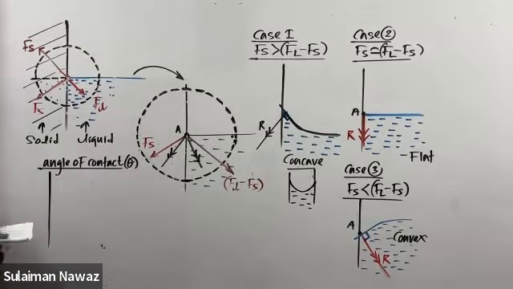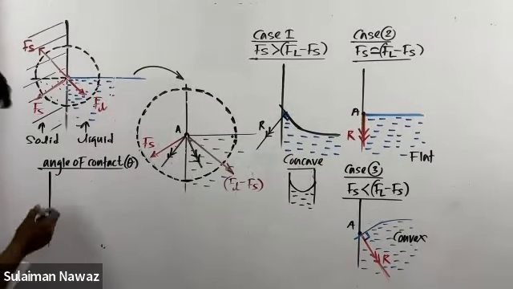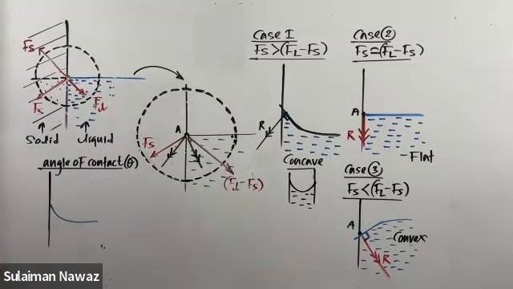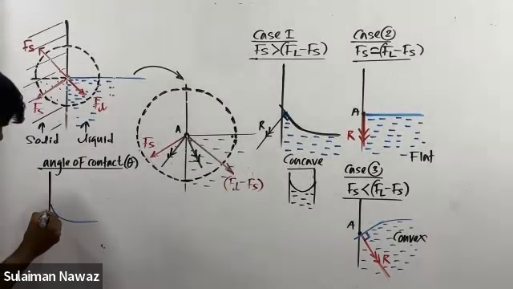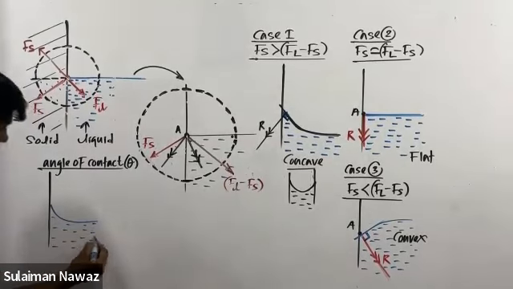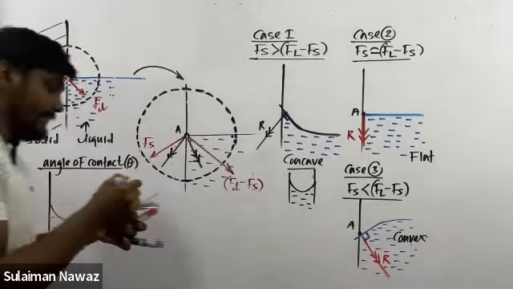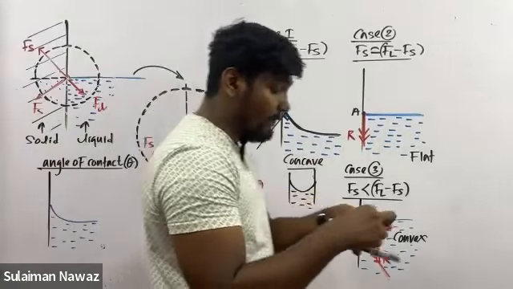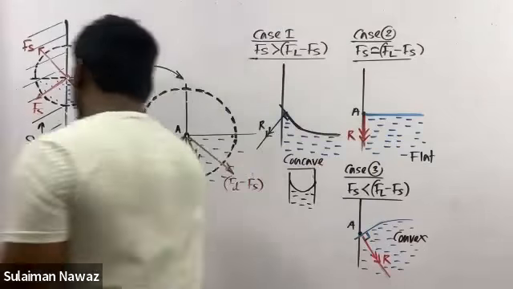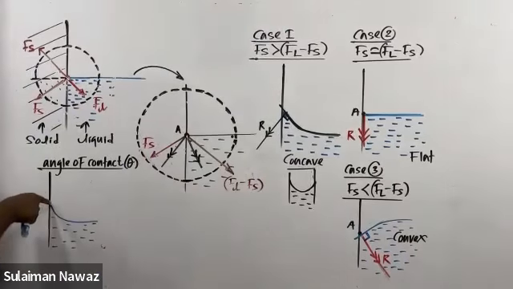Let's say this is my free liquid surface. Now, what is this angle of contact? It is the angle made by the tangent drawn to the free liquid surface with the solid wall. This is the liquid surface which touches the solid wall.